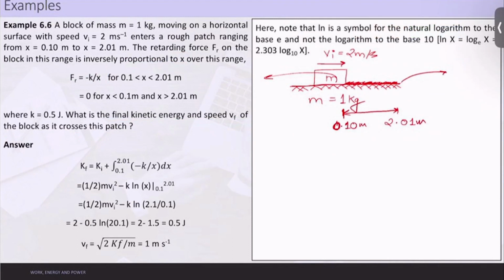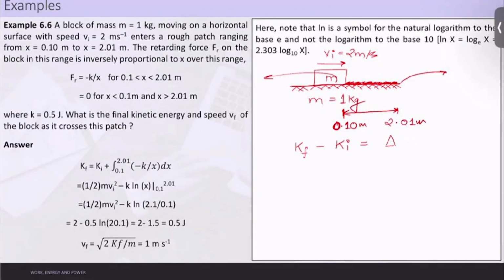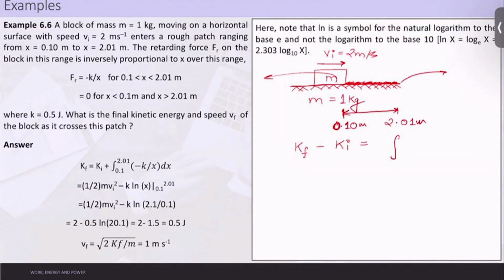We know that the final kinetic energy minus the initial kinetic energy is equal to the integration of F dot dx from xi to xf. As other values of the retarding force are not given, we will just take the range from 0.1 to 2.01.